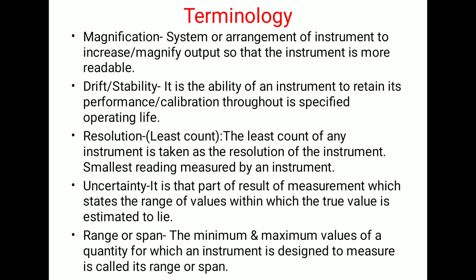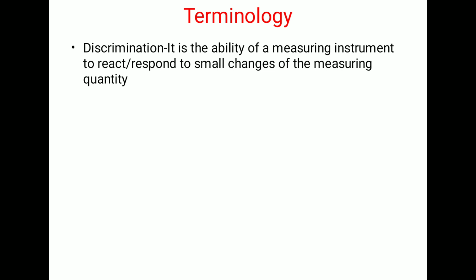The values specified for a measuring instrument are the maximum and minimum limits of the quantity to be measured, and the quantity will vary between these maximum and minimum values. That total span of maximum and minimum values represents the range of that measuring instrument or measurement process.